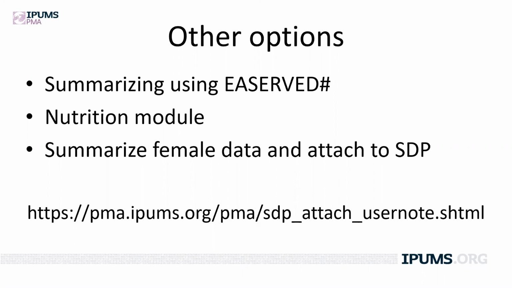And if for some reason you have an idea where you want to predict something about the STP or the facility, like the likelihood they would provide a particular method based on community characteristics, like the demographics of the people living in the area, maybe you could summarize the female data down to the EA and attach to the STP records. I'm not sure if that's something that would be helpful, but it is something you can do.